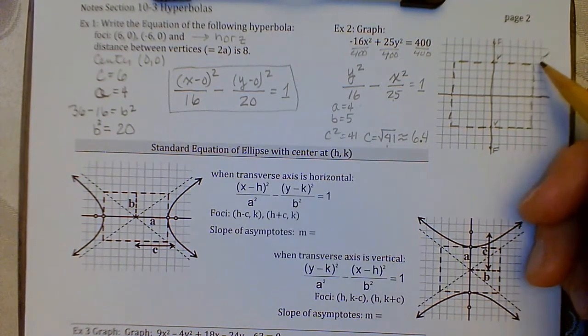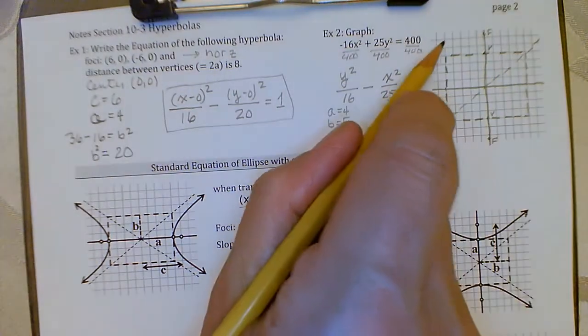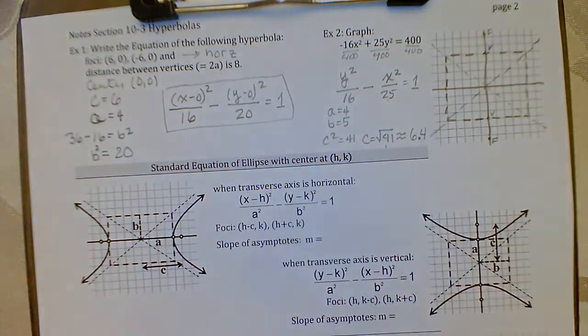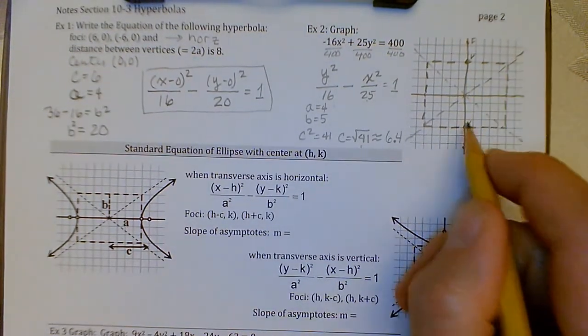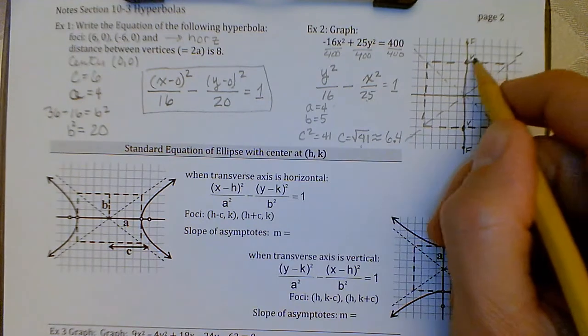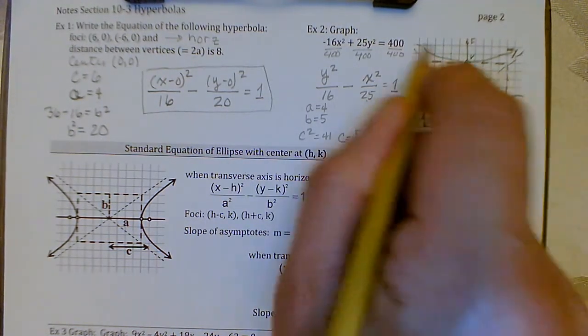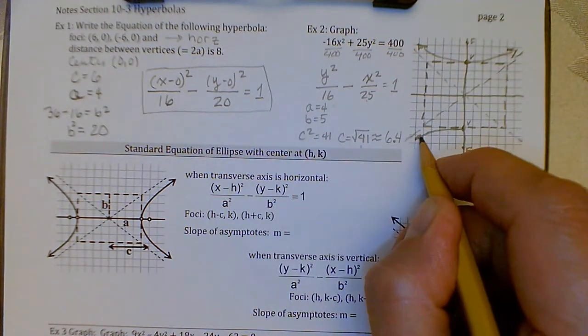And then we're going to sketch or dash in some asymptotes through the corner, through the center, and through the opposite corner. And so these are my vertices, here and here. And so now I just sketch it in. This one's fairly wide. Again, use the asymptotes as guides.